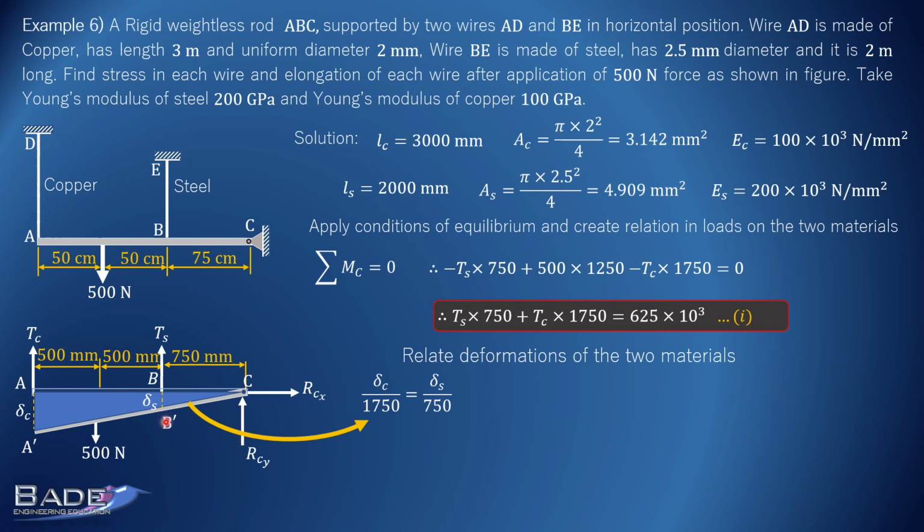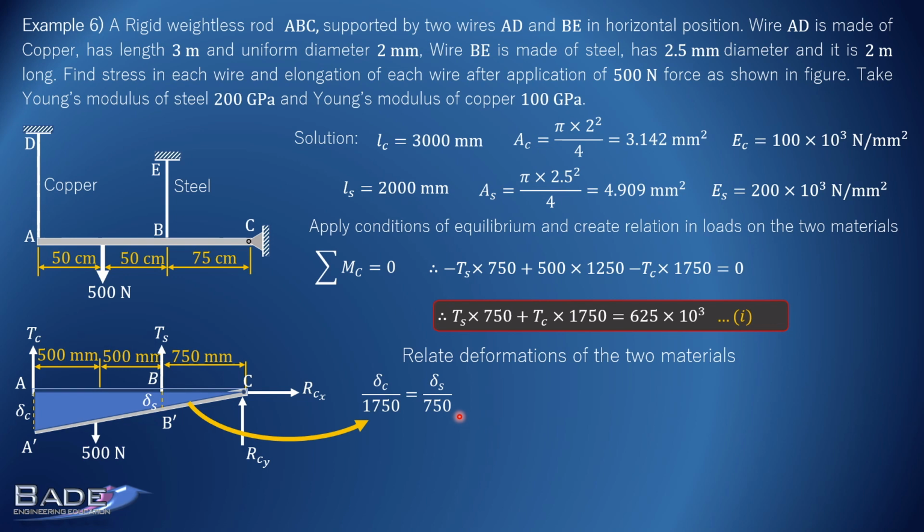Or you may say in this manner, delta S, consider this smaller triangle, opposite side by adjacent side is tan of this angle. And if you consider bigger triangle, opposite side by adjacent side, again tan of the same angle. So that means delta C by 1750 is equal to delta S by 750, and this is how we have created the relation.